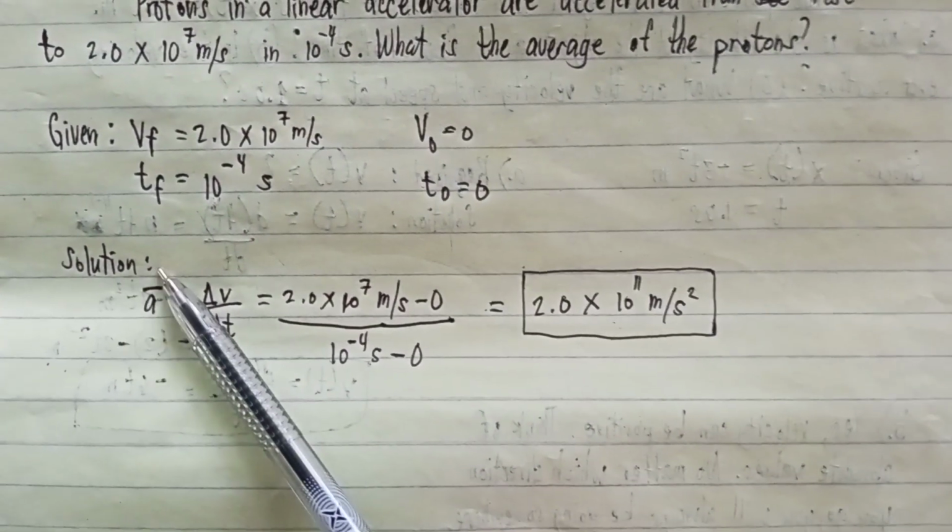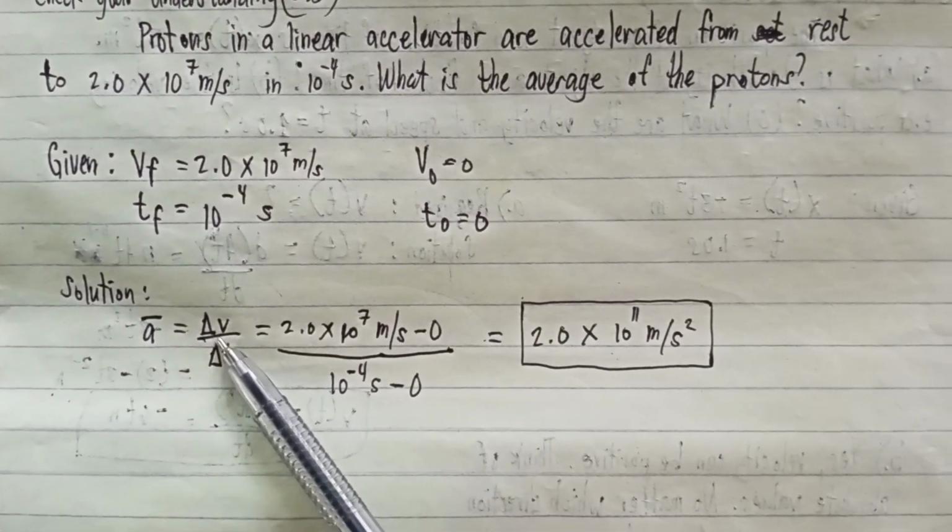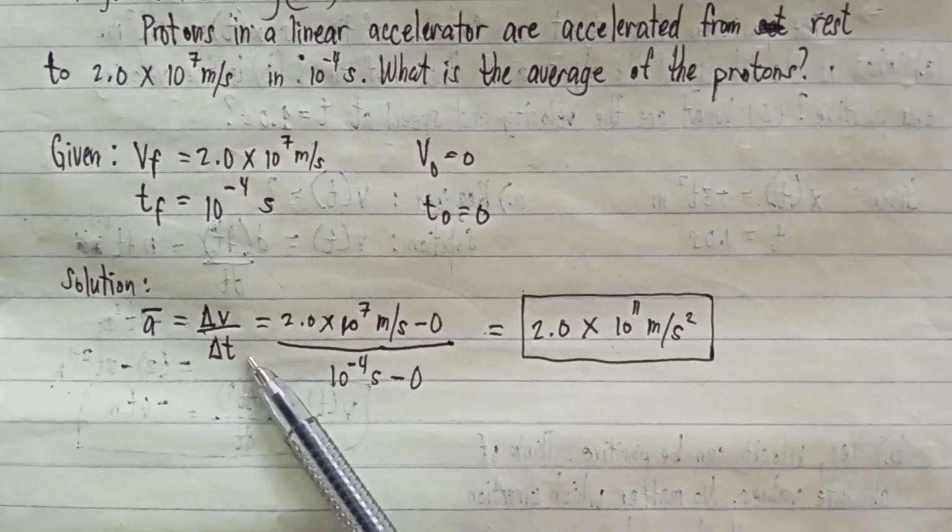Then the solution. Acceleration equals delta v over delta t.